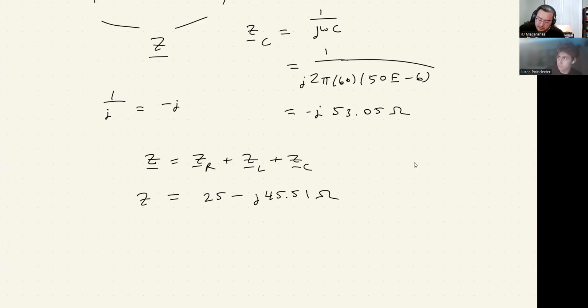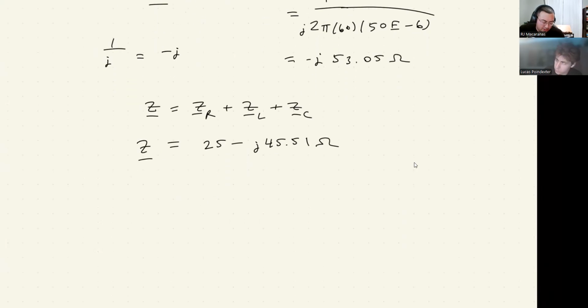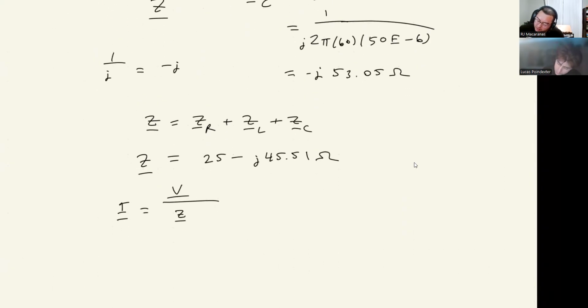And then last but not least, we want to figure out the current. The current, generally speaking, is given by V divided by Z. Again, this is a lot like Ohm's law, where you had I is V over R, but now we're working with a bunch of complex numbers all over the place.